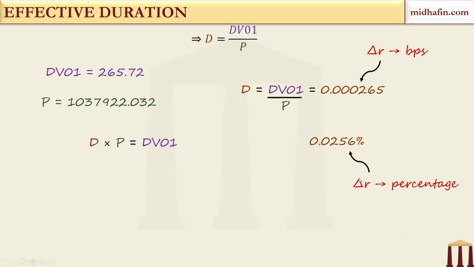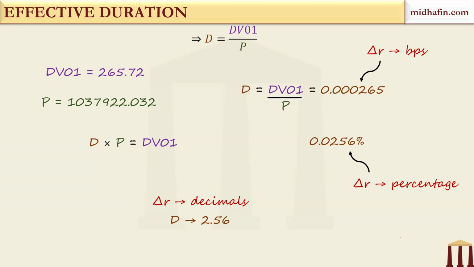Next, if I assume that delta R is in percentage terms, then you will multiply it by 100 once more. So you get 0.0256%. Again, that's not true because for duration, delta R has to be measured in decimals. So you multiply it with one more 100 and you get D as 2.56. And this becomes your answer.